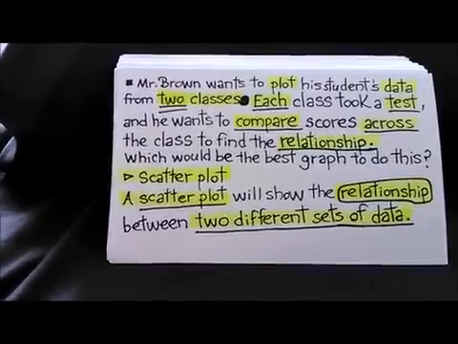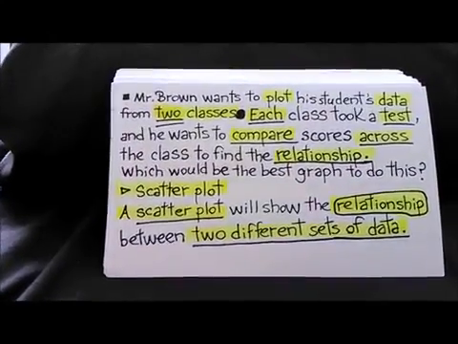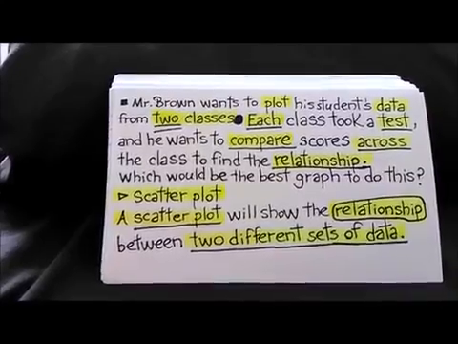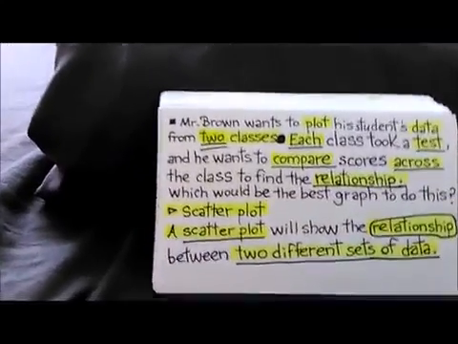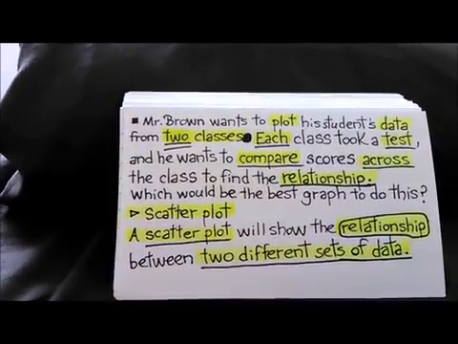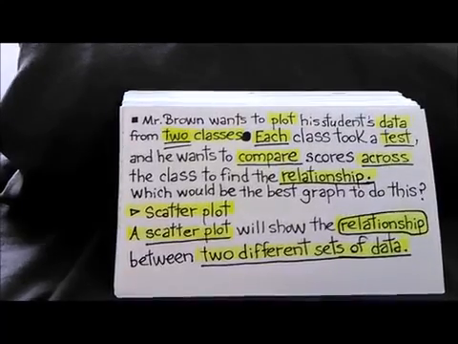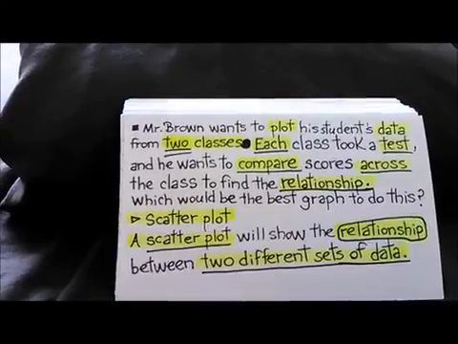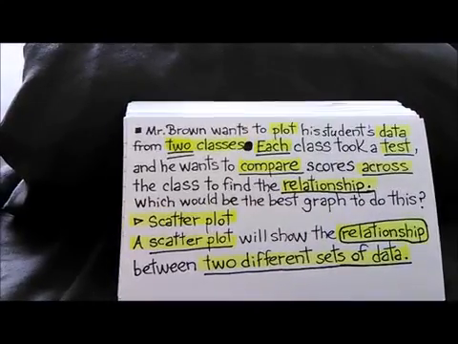Mr. Brown wants to plot his students' data from two classes. Each class took a test, and he wants to compare scores across the classes to find the relationship. Which would be the best graph to do this?